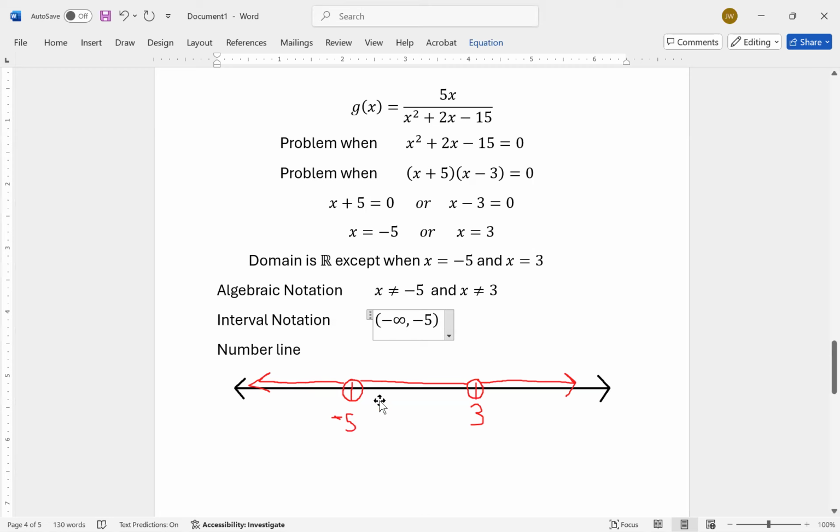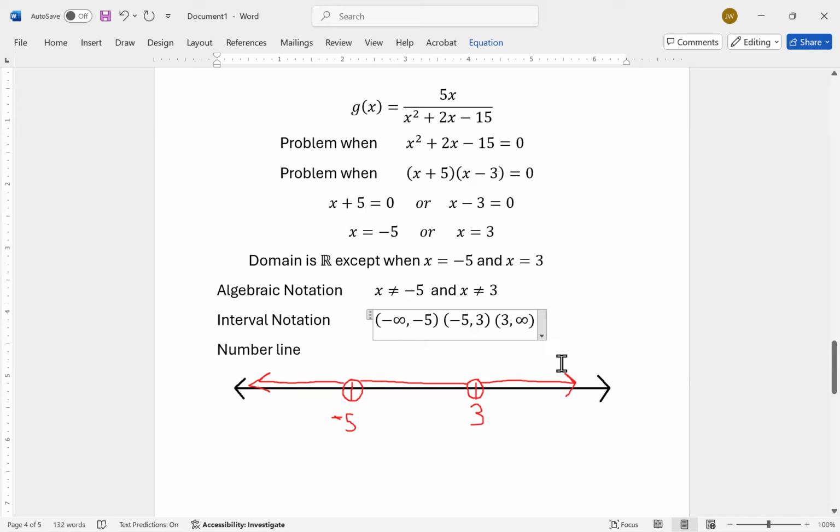The next section goes from -5 to 3, and anywhere between -5 and 3 also works. Again, I can't touch -5 and 3 because those are the not equal to spots. And then anywhere from 3 and above will also work.